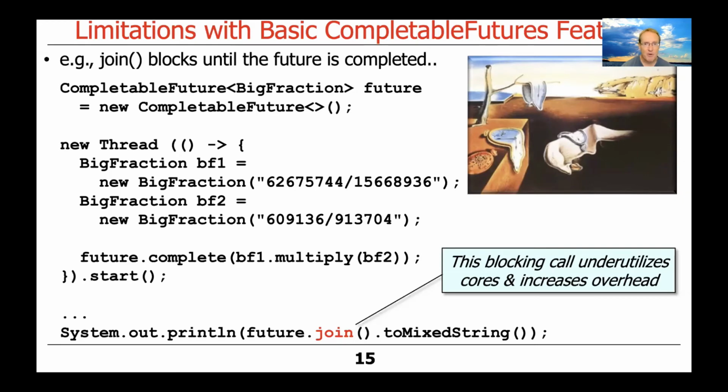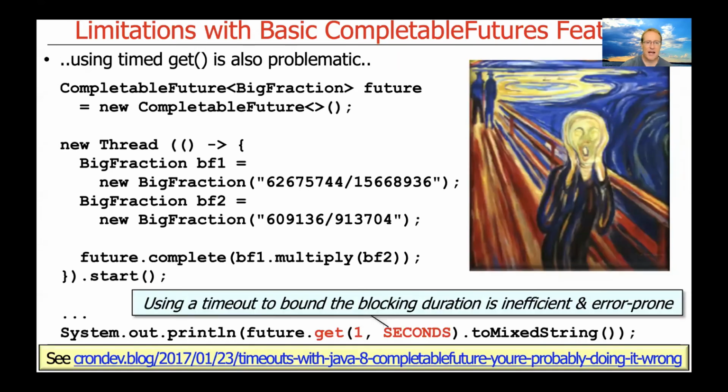There's no timed version of join. And anytime you have blocking calls, you potentially have problems because that can underutilize the core and it may also increase the overhead. If you don't want to block, then you'll have to use the timed version of get, but as we saw before, that's also problematic.